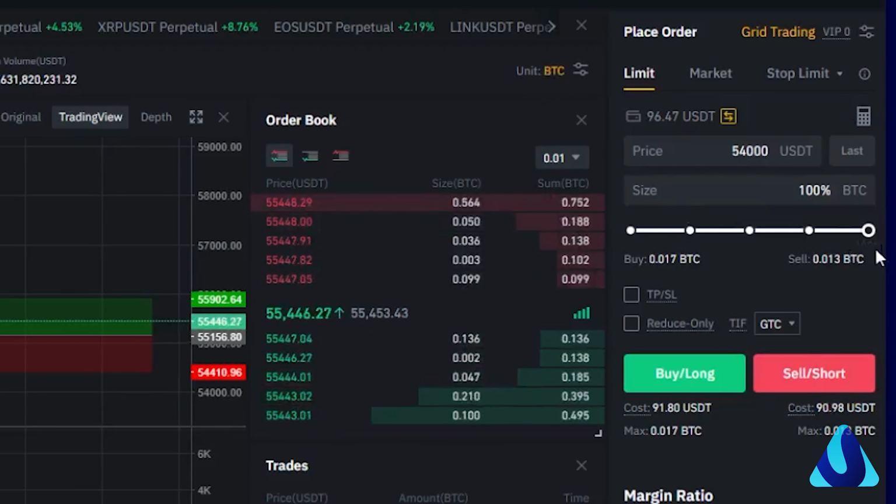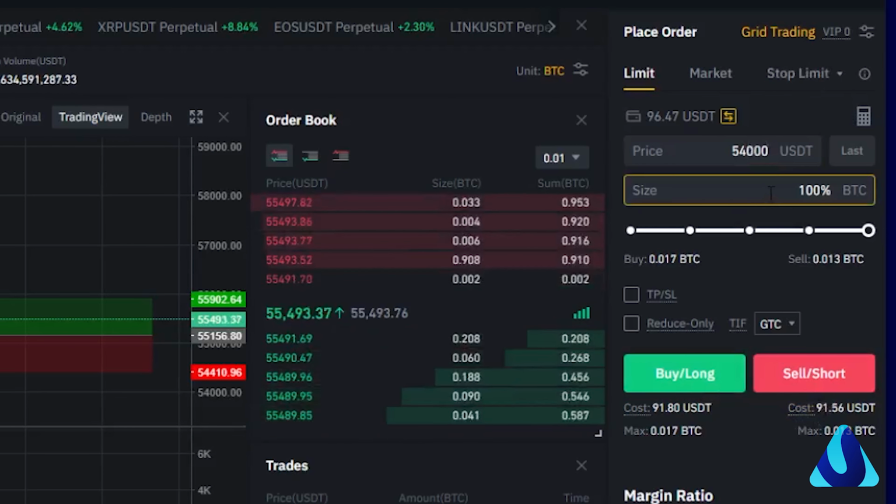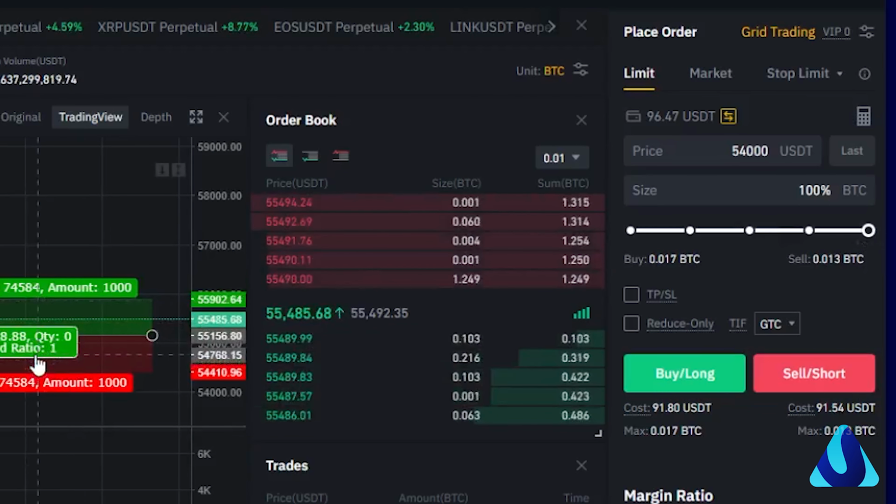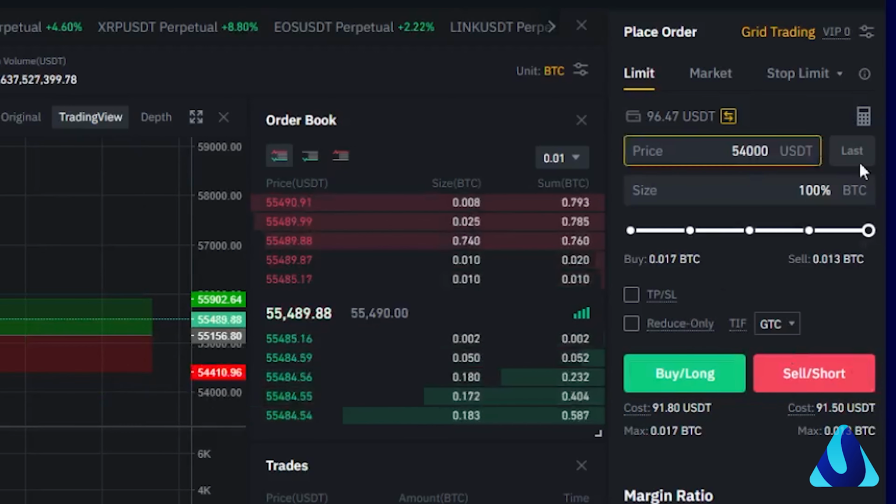So you can see now I've added the price and then I've set my size to 100% of my balance. That allows me to purchase 0.01 Bitcoin, and then you can see here down at the bottom the cost for either long or short. So let's say I think that when it hits 54,000 it's going to go up. It's already kind of played around at 54.7, so I think that that's what's going to happen.